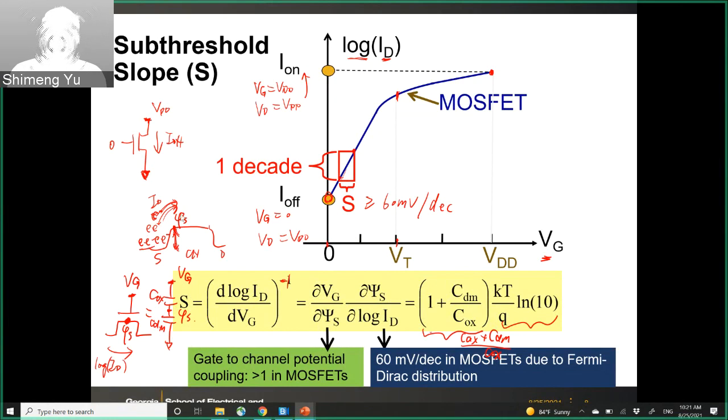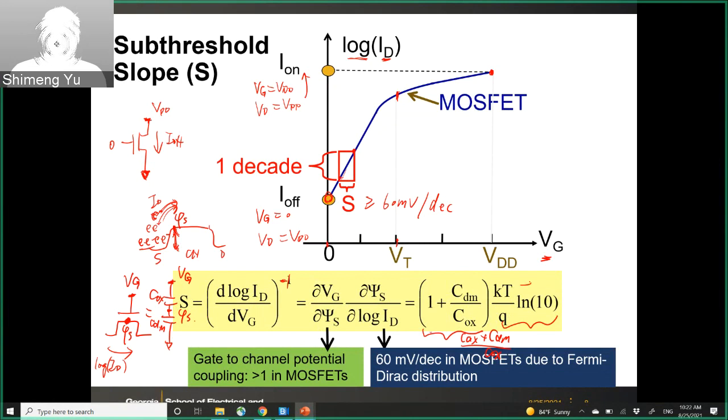To describe this statistics you have to use the Boltzmann constant k times the temperature T, because higher temperature will excite more electrons to jump over. So essentially kT over q is the thermal voltage.